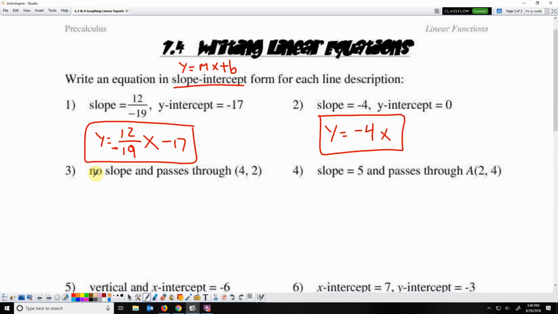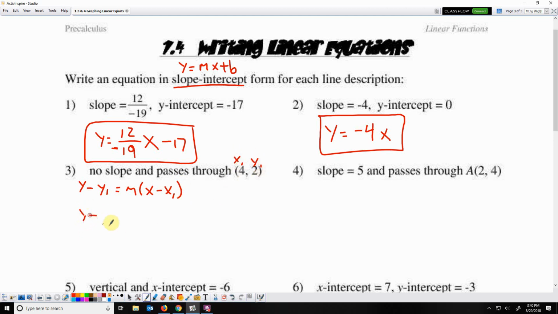Okay, next, no slope, which really means a slope of 0, and passes through this point. We're going to write this first in what is called point-slope form. And that's y minus y1 equals m times x minus x1. So there is my x1, y1.